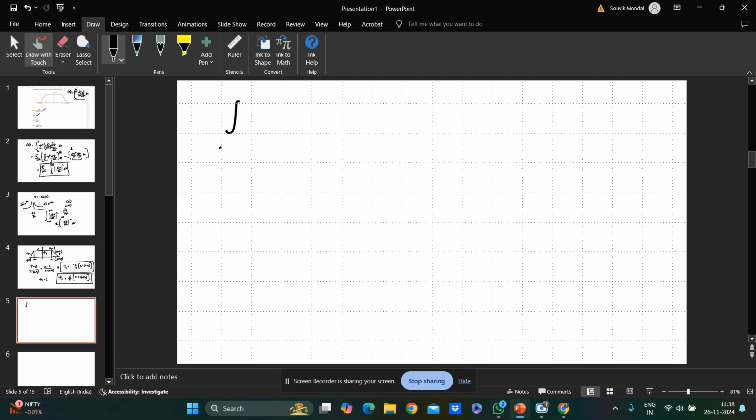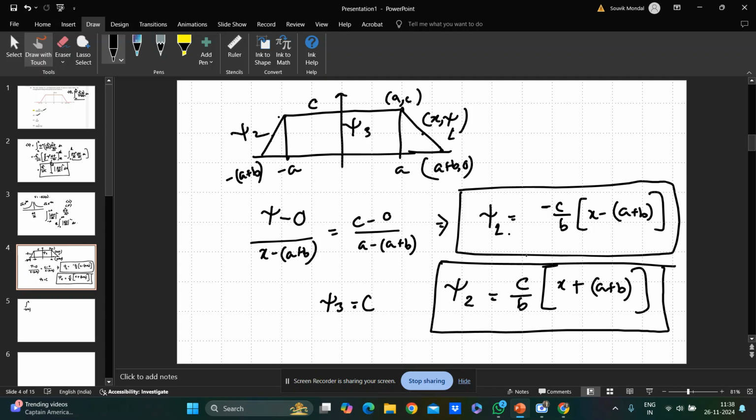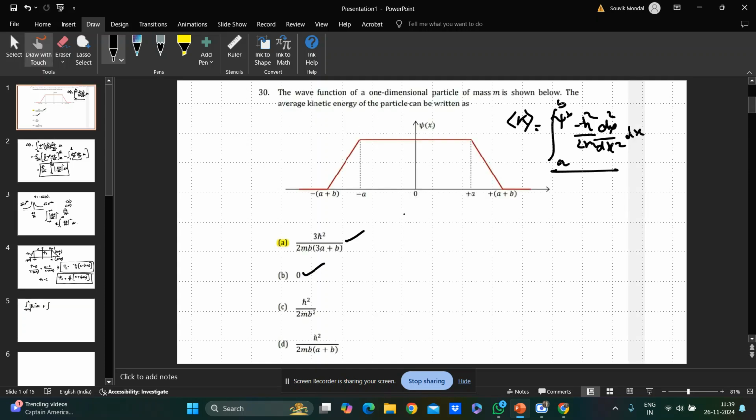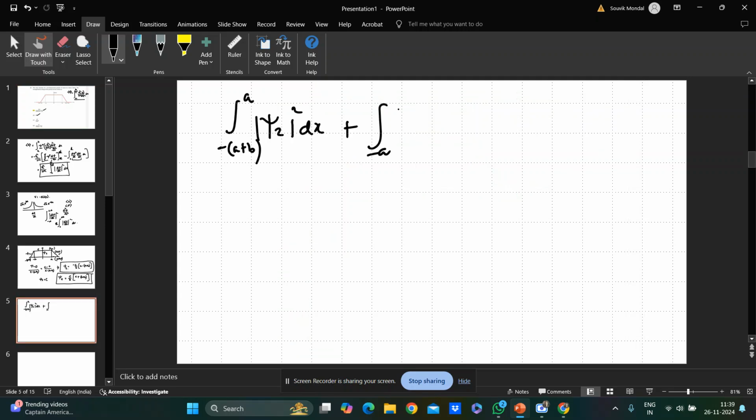So integration of minus a plus b to minus a of psi 2 square dx, plus minus a to a of psi 3 square dx, and a to a plus b of psi 1 squared dx.